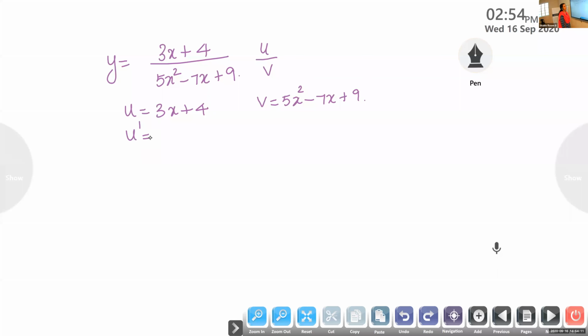Tomlin, give me what is u dash. Ashwin, what is u dash?